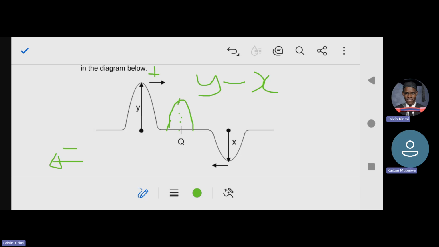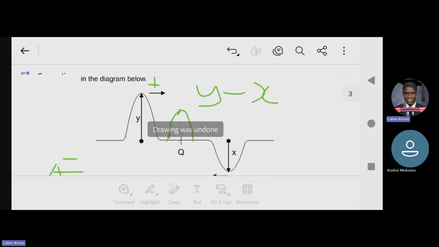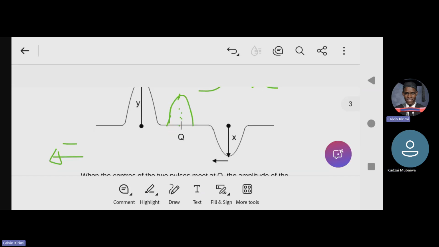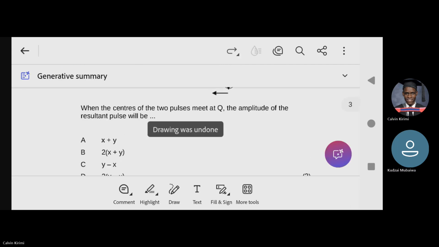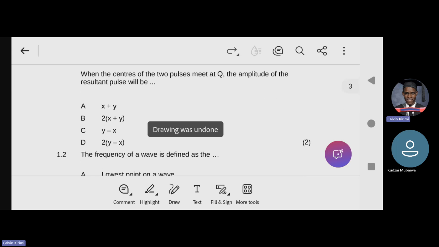So in other words, yes, it can be less than before, but it's not at the bottom, it's upwards. That's what we are expecting. So our answer there should be 1C, Y minus X.